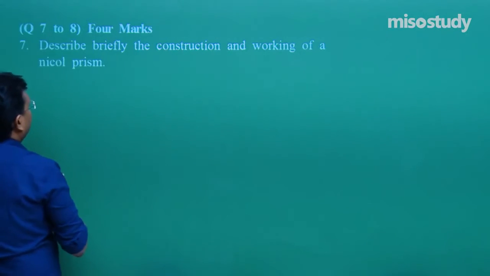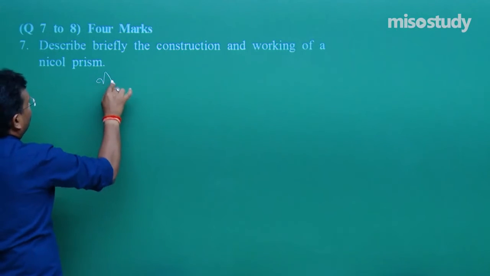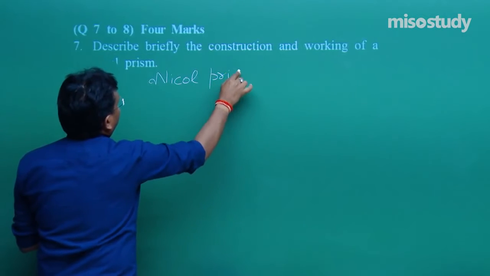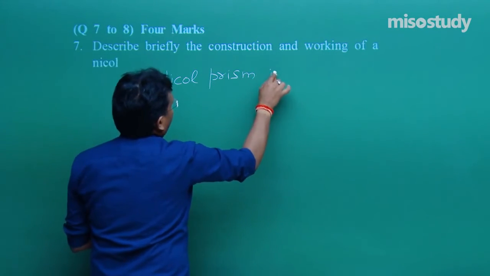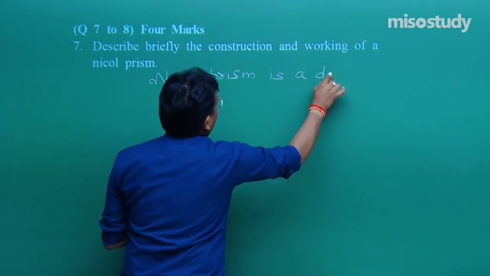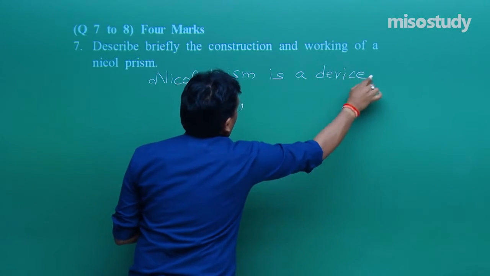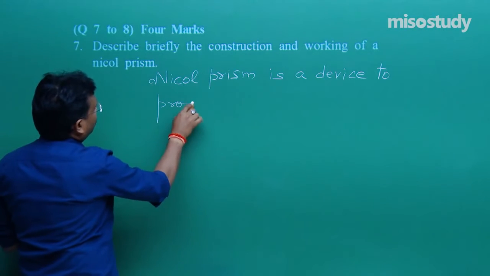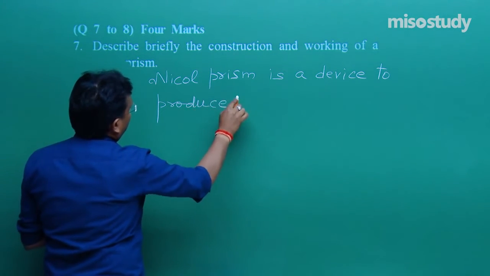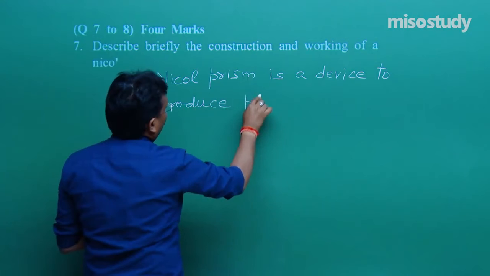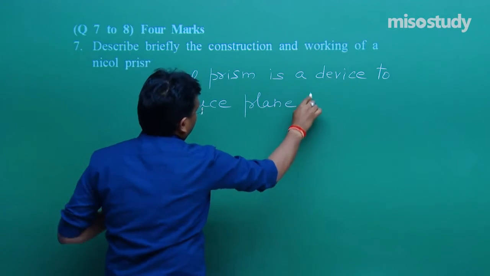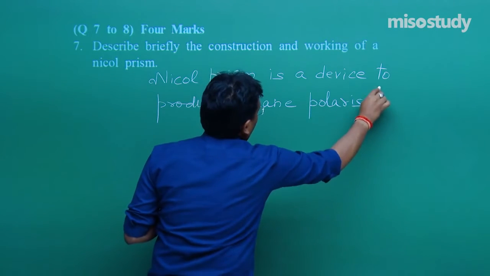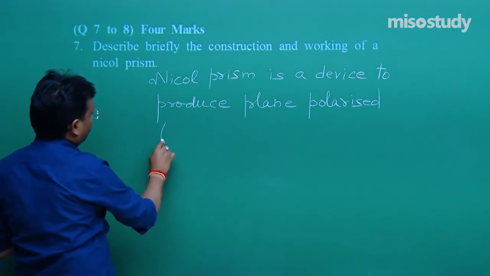You should write down like this. Nicol prism is a device to produce plane polarized light, number 1.